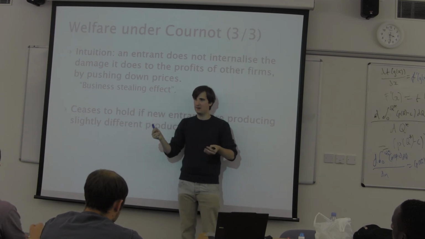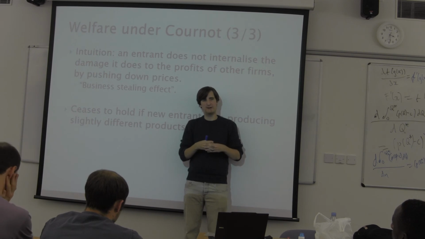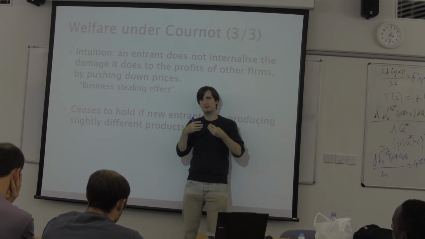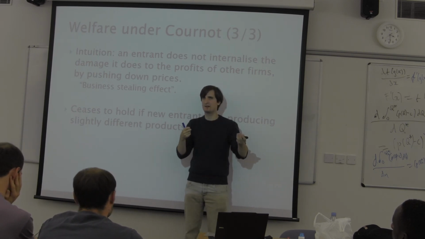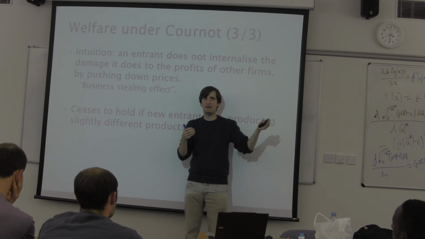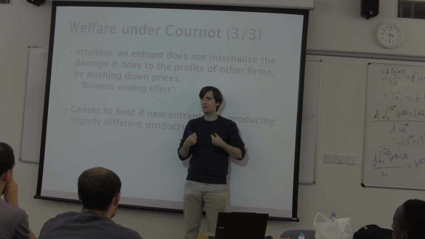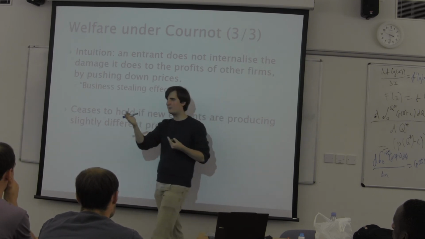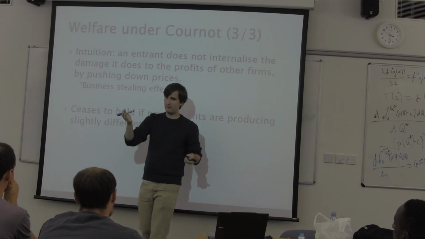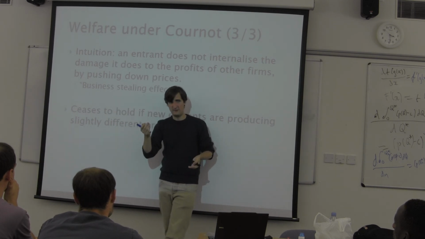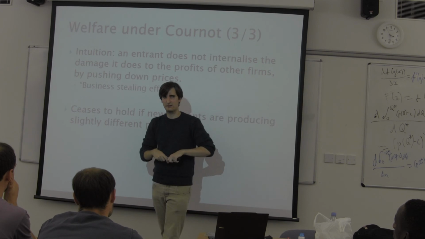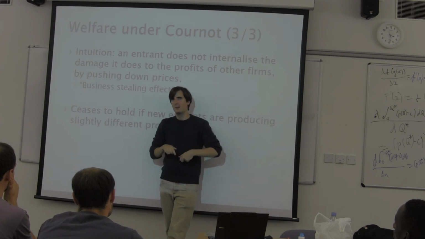And what we're saying is that because a firm does this, it does damage to the profits of everyone else, and that means their incentives are too strong. Now what you're saying is that they're doing damage to someone else's profits, but they're increasing consumer surplus.